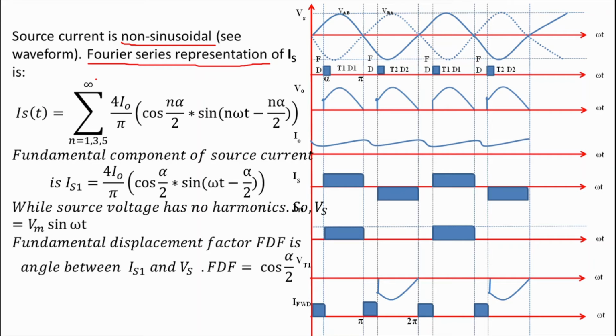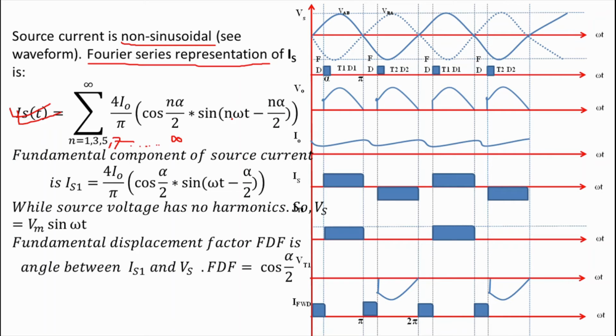So the Fourier series expression of source current Is will be equal to sigma n equals 1, 3, 5, 7, etc. to infinity, 4 I naught by pi in bracket cos n alpha by 2, into sin n omega t minus n alpha by 2.